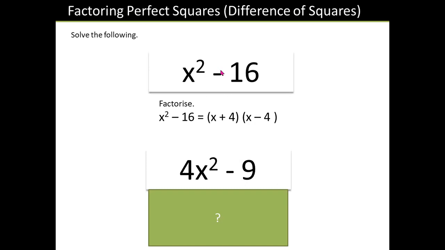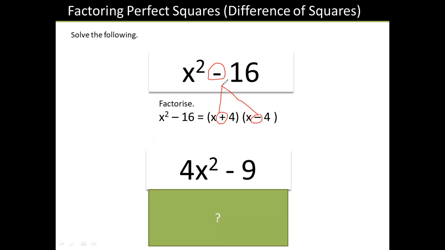Remember that this is negative. Therefore, your signs, when you factor it out, should be different. That is why we have plus and minus, because positive times negative gives a negative answer. If both are negative, negative times negative is positive.